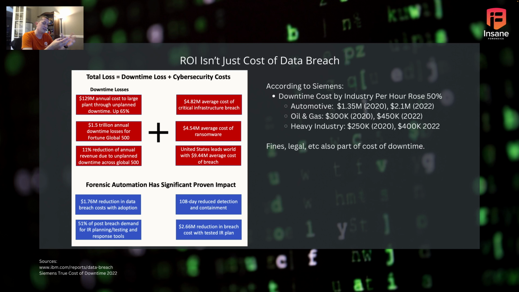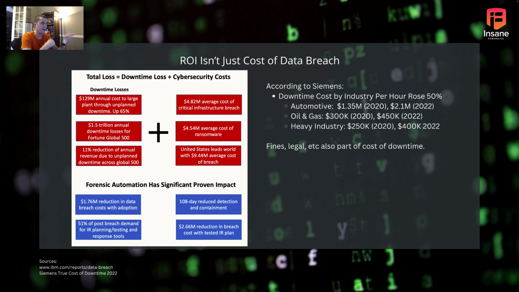In industrial, it's a little more physical, so you can say, robots don't work without computers. In other spaces, that isn't to say that if you're in a pure IT environment, you aren't also going to be incurring losses from not having those systems. But when we look at industrial, and these are numbers from Siemens, the true cost of downtime, again the 2022 report, the downtime loss is not just how much the breach costs, but also what it costs to have the plant down.